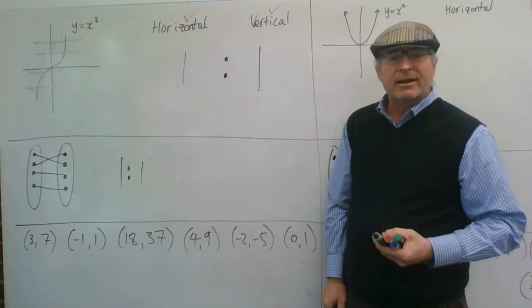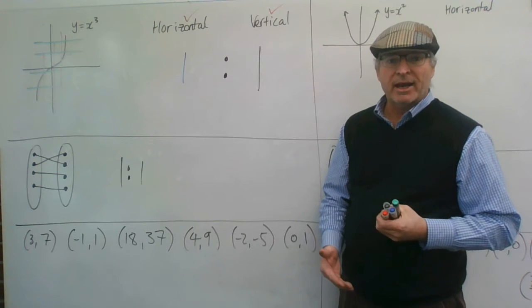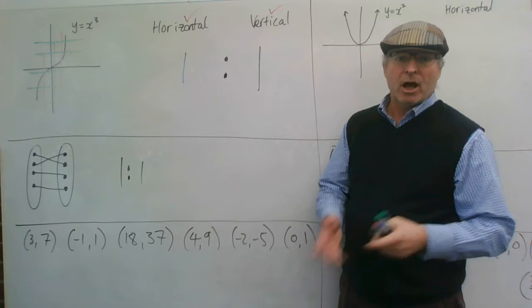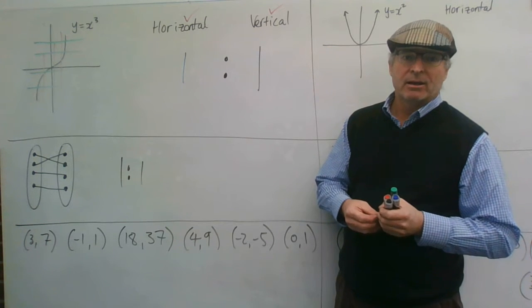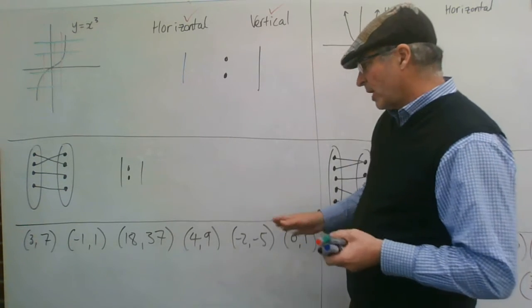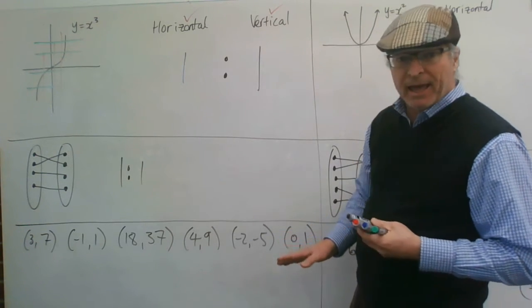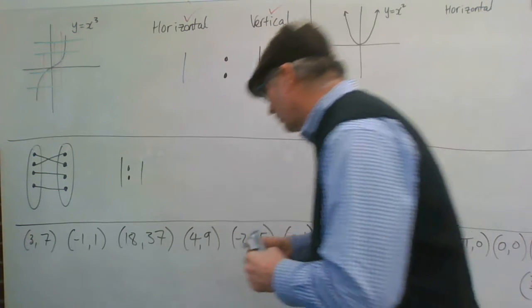You can see that there's no repetition. The first numbers only ever go to the same second number, and the second numbers only ever go back to the same first number. So all of them are unique pairs. That's an example of a 1-to-1.